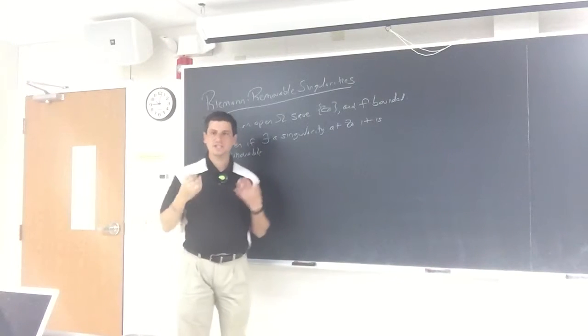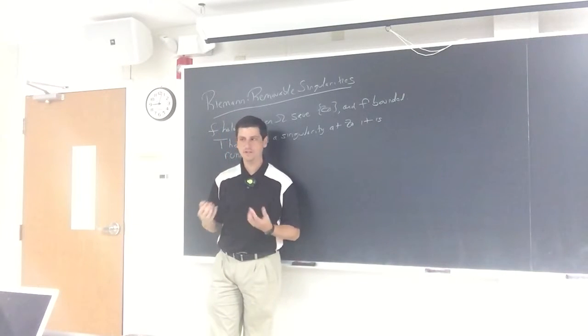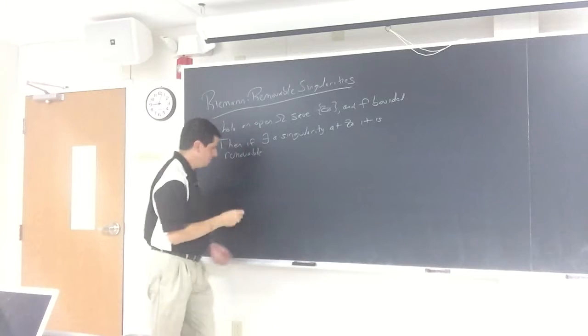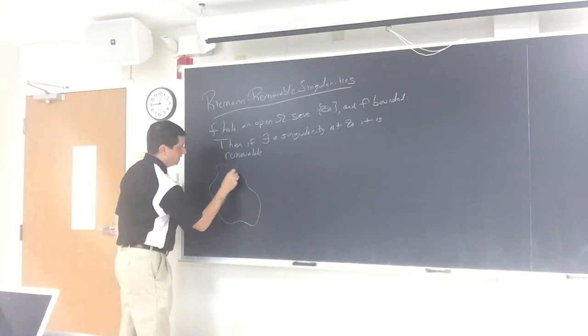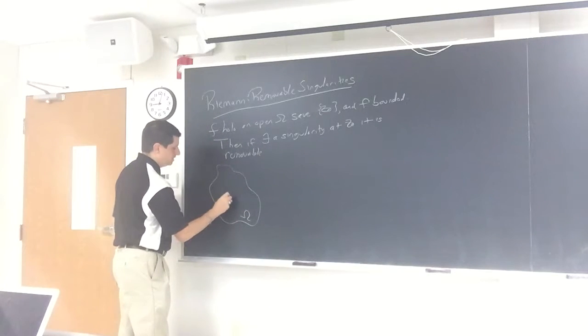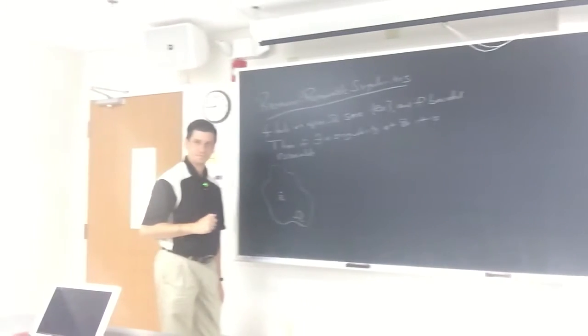Basically what we're saying is, except at one point, everything is fine, everything is holomorphic. So imagine we have something like this. Here's our omega, here's our point z0 where bad behavior could happen.